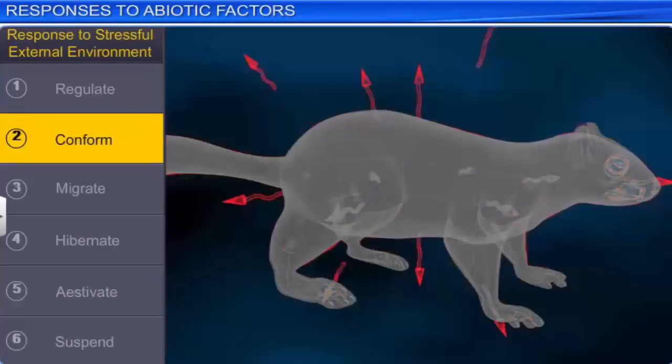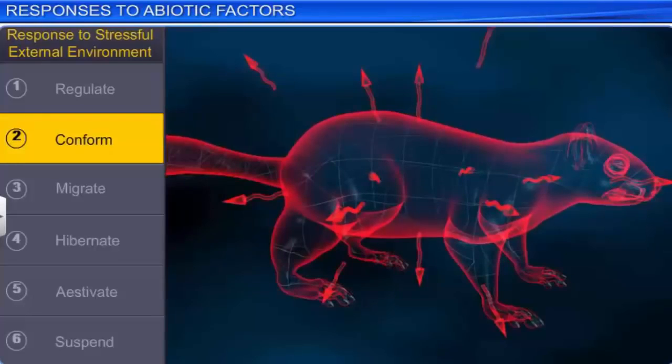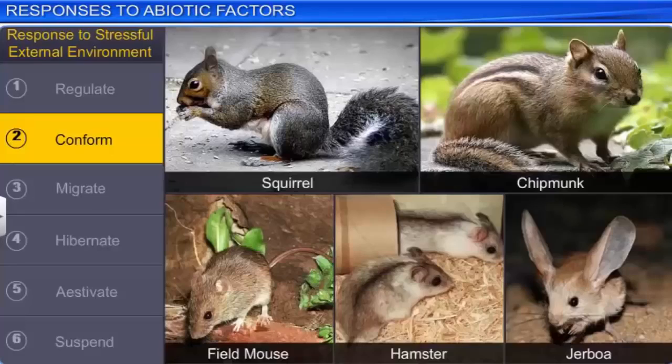Such animals have a larger surface area compared to their volume, and so they tend to lose their body heat very quickly when the outside temperature is low. Moreover, they consume a lot of energy to generate body heat, and this is why you rarely find small animals in the polar regions.